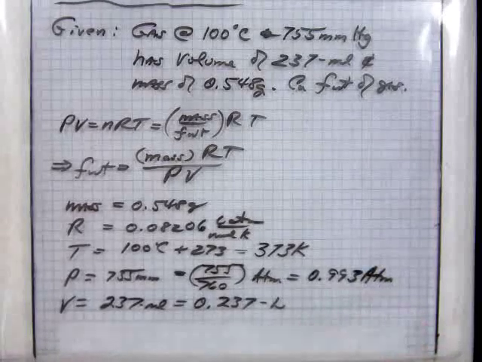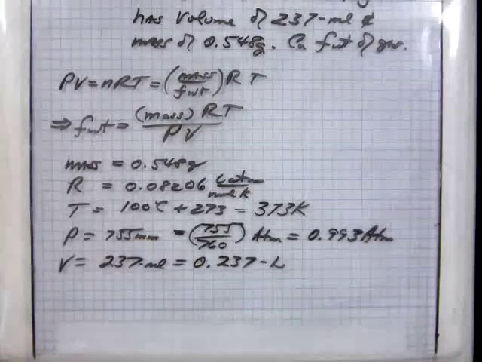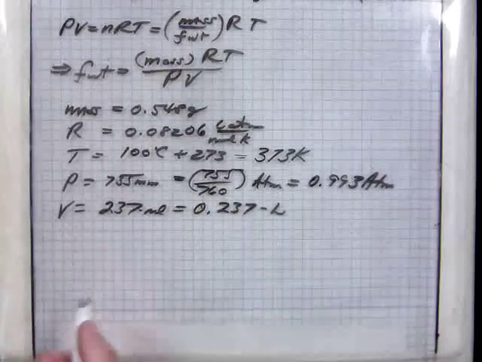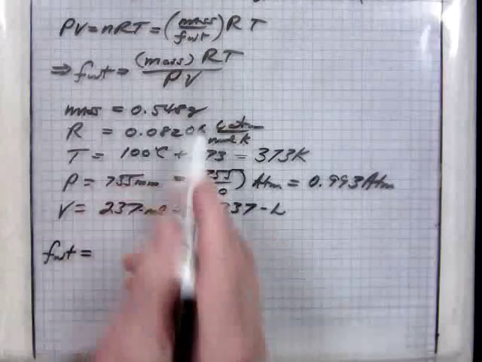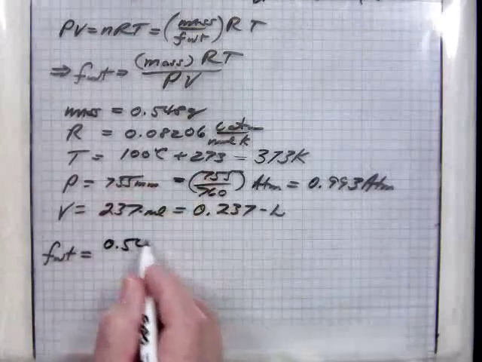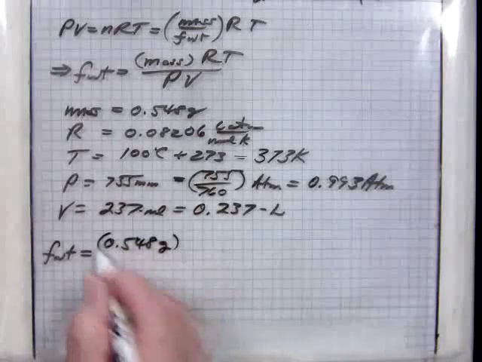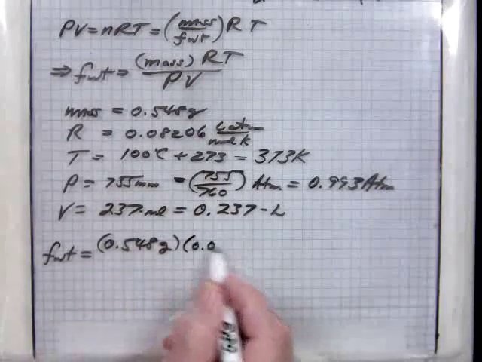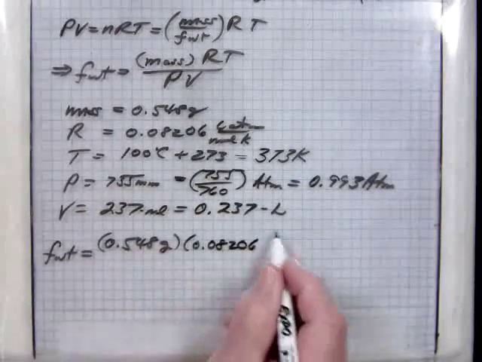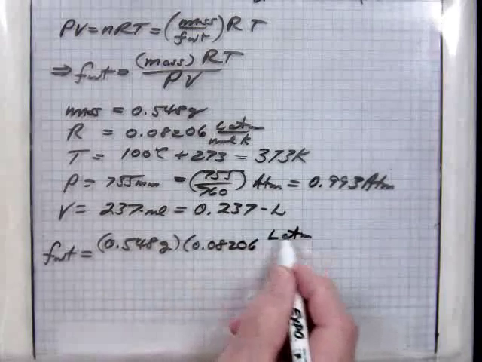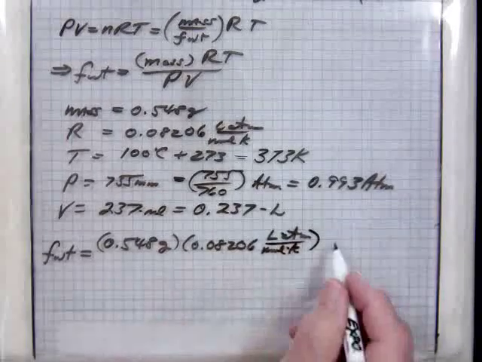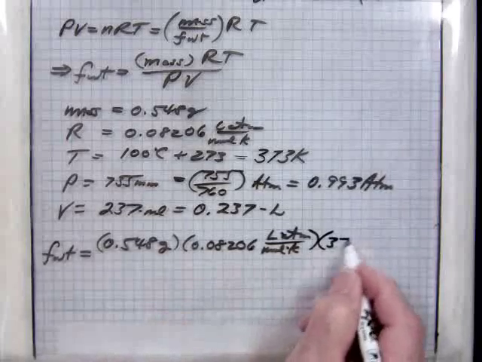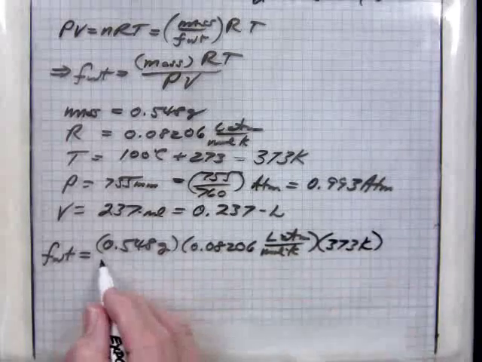Like that. Okay, so in substituting, the formula weight now is mass 0.548 grams, R 0.08206, temperature is 373 Kelvin.